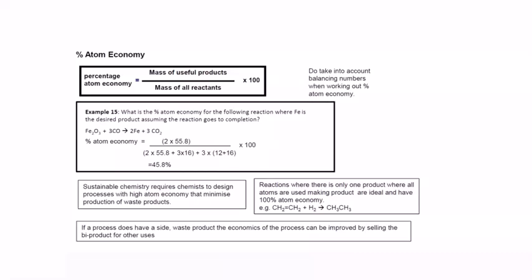So if I give an example, like if I say calculate the atom economy, if you have a reaction where CH4 reacts with chlorine, a substitution reaction occurs, chlorine will take the position of hydrogen.